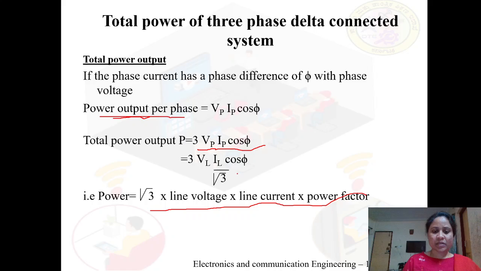How we get this is, we know that IL is equal to root 3 times IP, so we can replace IP as IL by root 3, and Vp is equal to VL, that is phase voltage is equal to line voltage. So we get P is equal to root 3 times VL IL cos phi, which is the power factor.